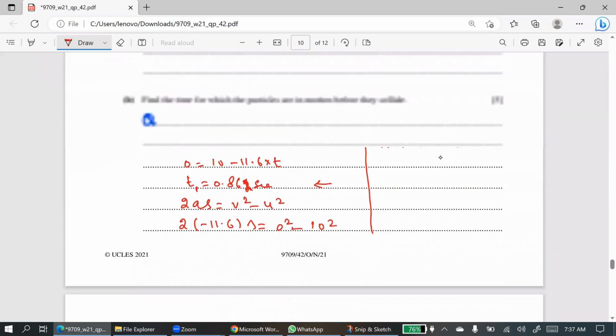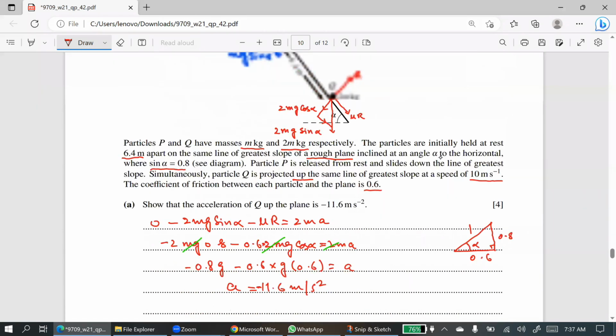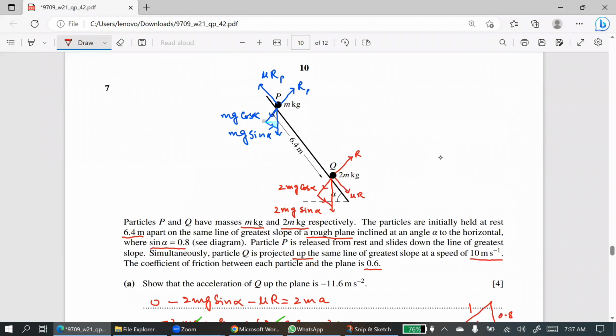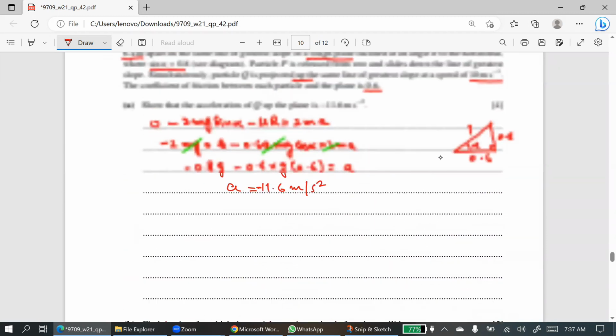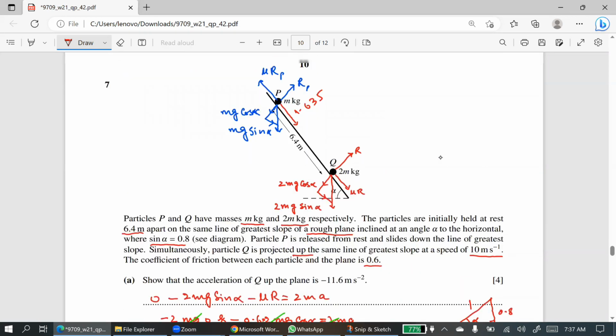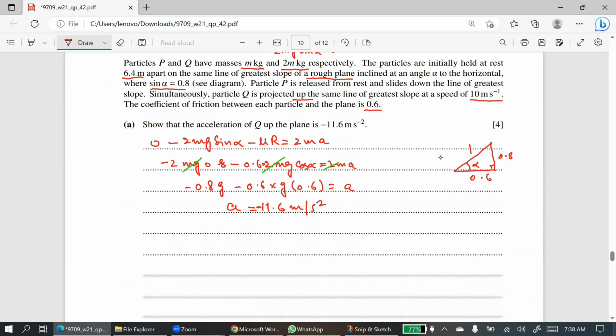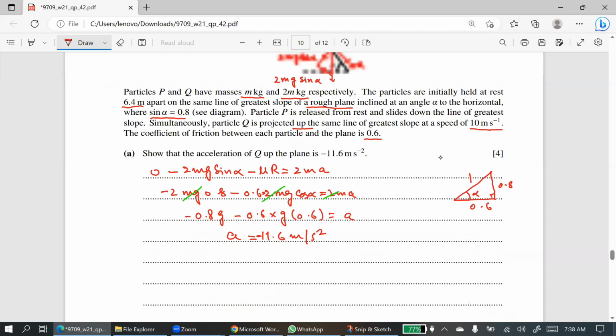Now, in the time 0.862 seconds, P has moved 1.635 meters and the particle Q has moved 4.31 meters.